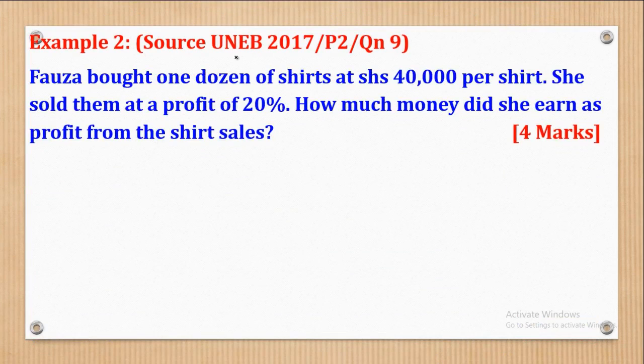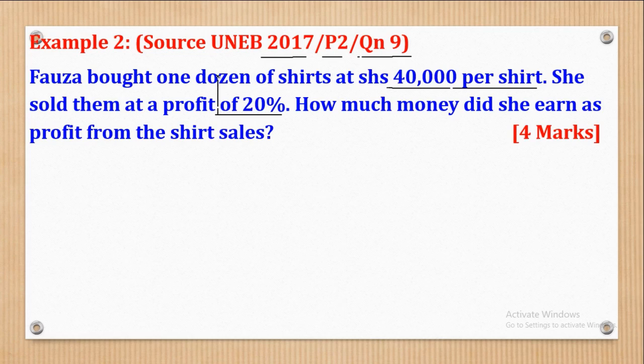Example 2 came from UNEB 2017 paper 2 question 9, and it says Fauza bought 1 dozen of shirts at shillings 40,000 per shirt. She sold them at a profit of 20%. How much money did she earn as profit from the shirt sales?